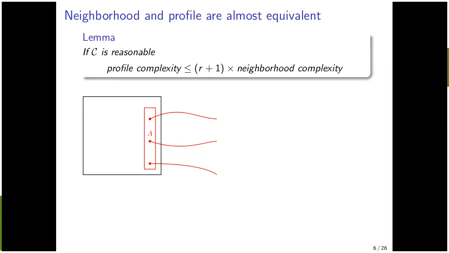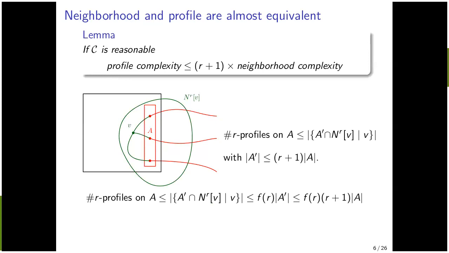Now if we call A prime the union of the vertex sets of all these paths, I have the following property: the number of R-profiles on A is at most the number of intersections between balls of radius R and A prime, which is this larger A. Why is that? Just because if I look at the vertex V, and the intersection between the ball of radius R centered on V with A prime, the union of all these paths, from this intersection I can recover the profile of V on A.